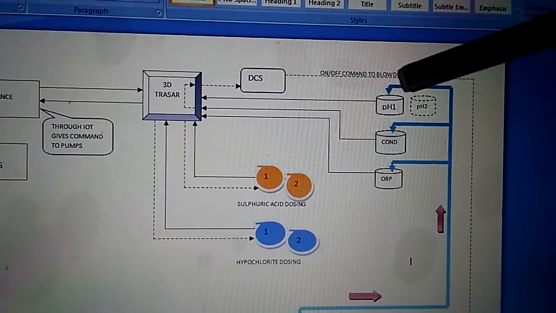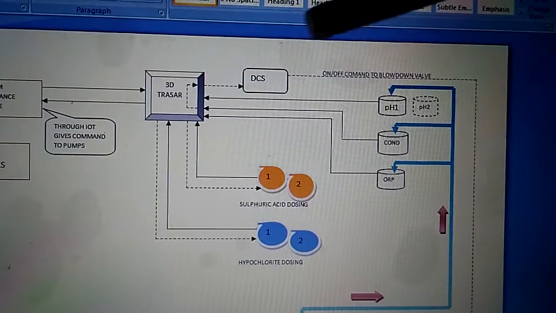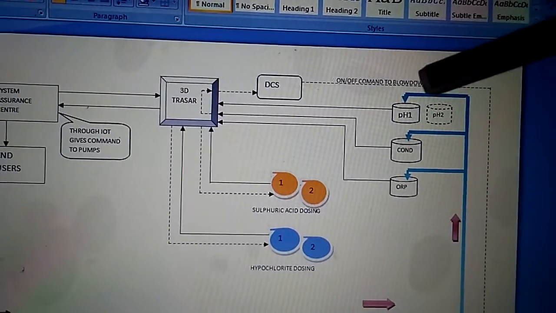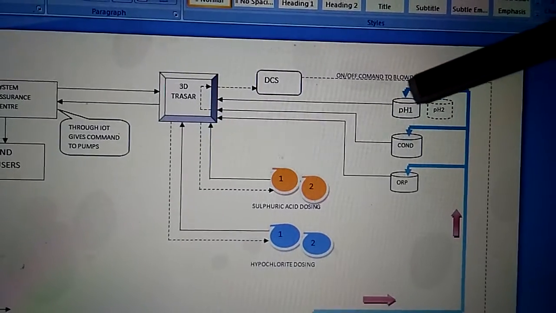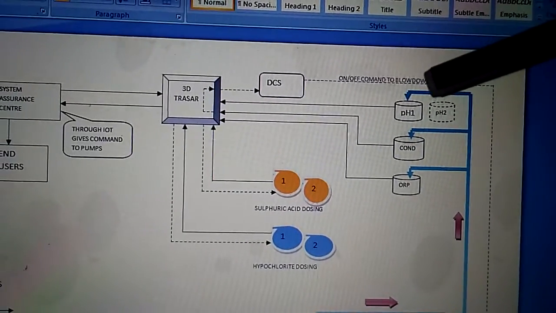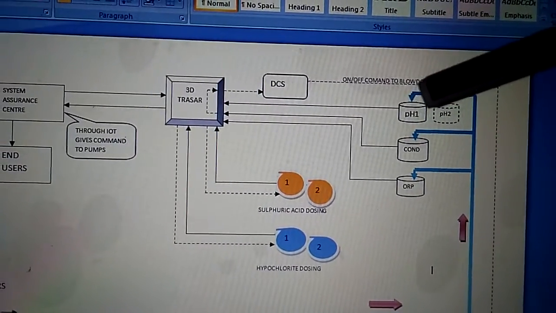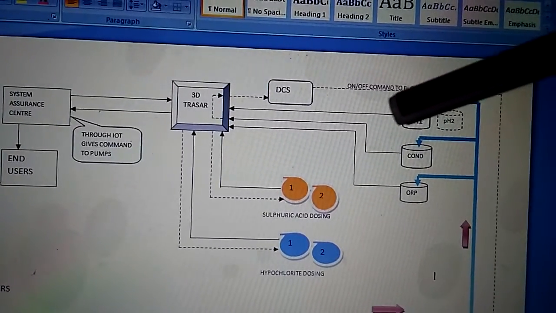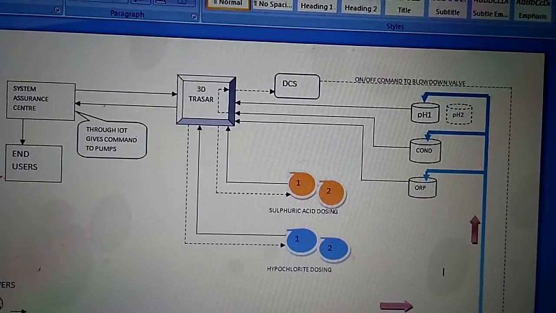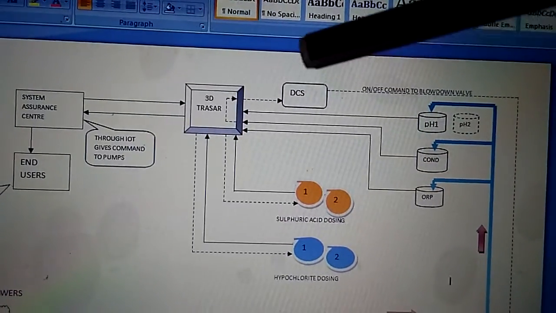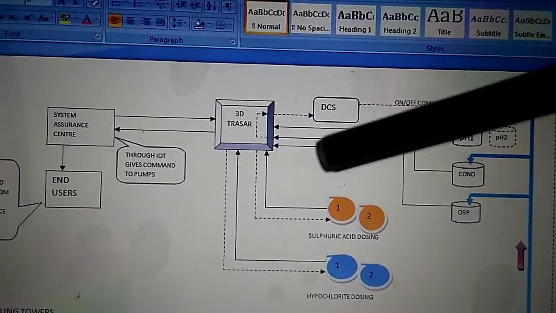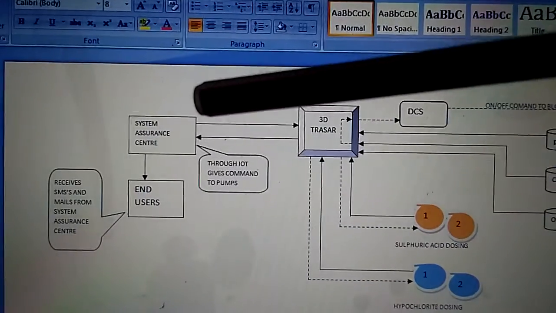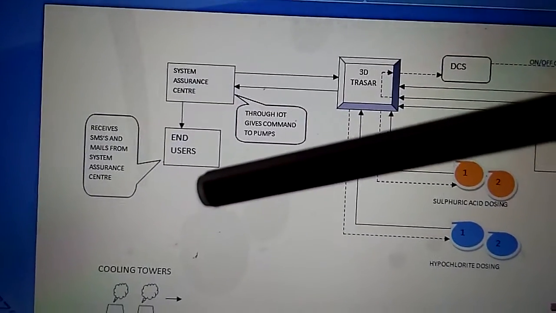So the 3D tracer is programmed in such a way that overdosing of acid can be prevented. If after dosing for a certain time the low pH signal does not come, then automatically it can give a signal to the pump to stop, and also a message goes to the system assurance center and the end user.